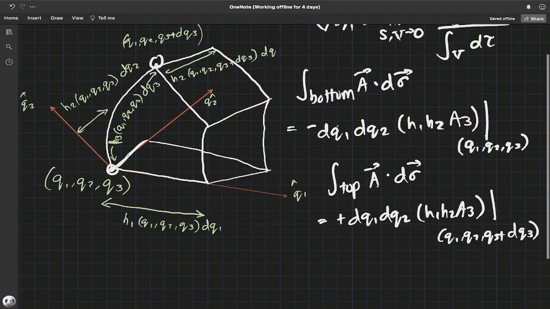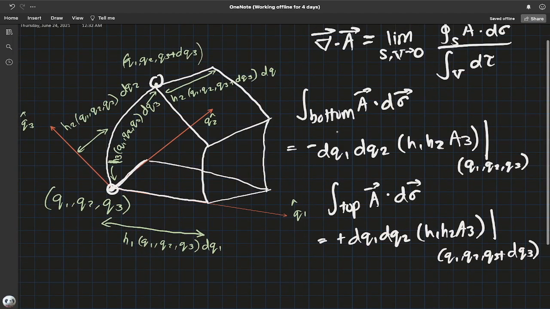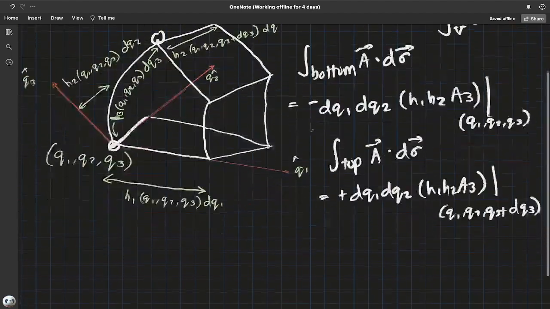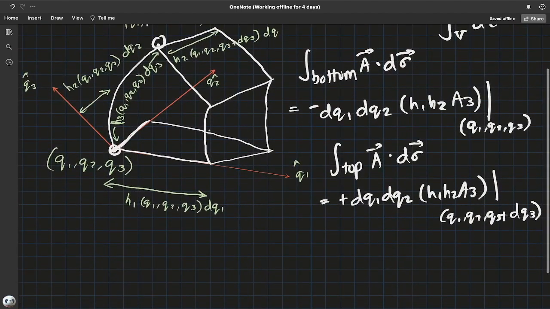And if you want to see the pattern clearly that we are approaching, do this for not just top and bottom, but for all faces, the left and right, front and back.